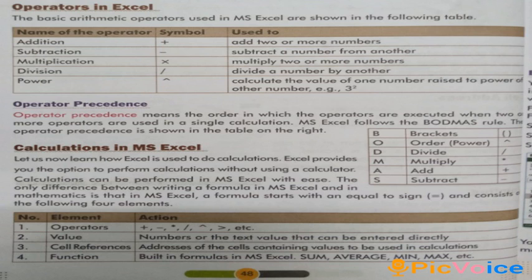Operators. What is the action of operators? They apply plus, minus, multiply, divide, power and greater than mark. Then value. Value is the numbers or the text value which are entered directly. Then cell references.